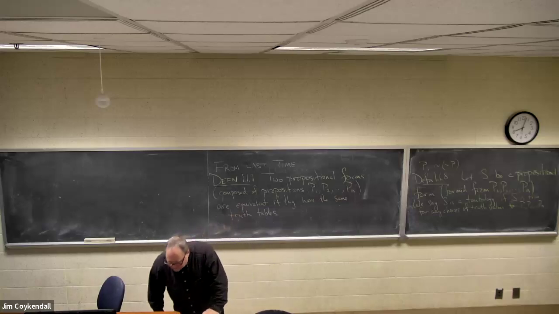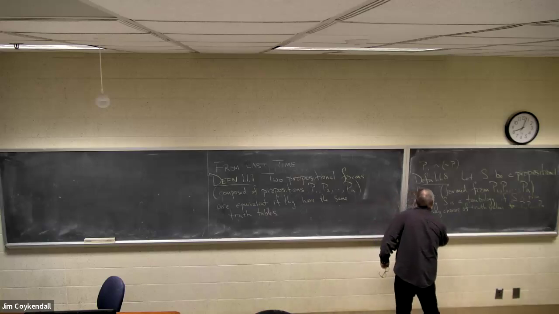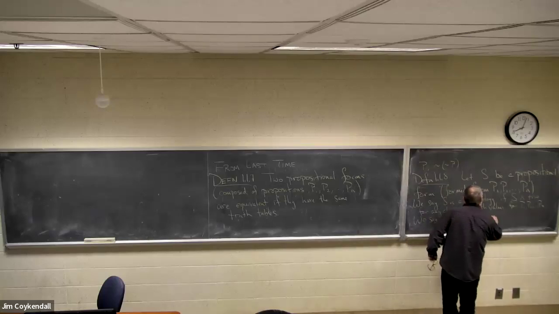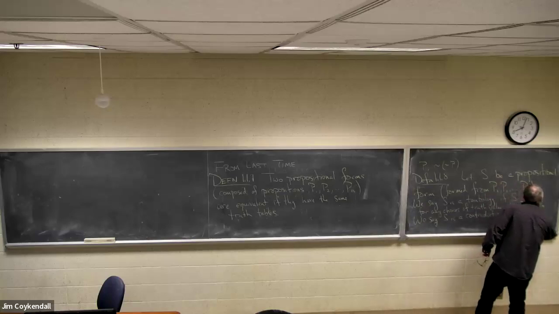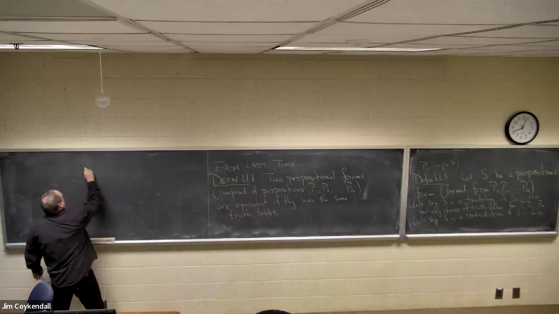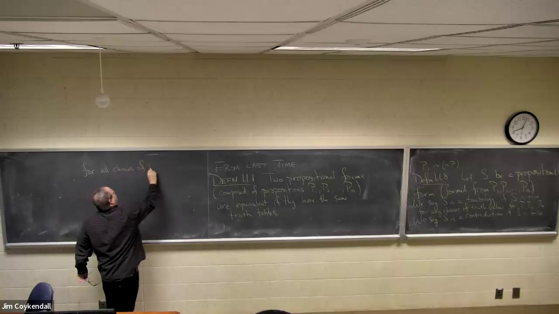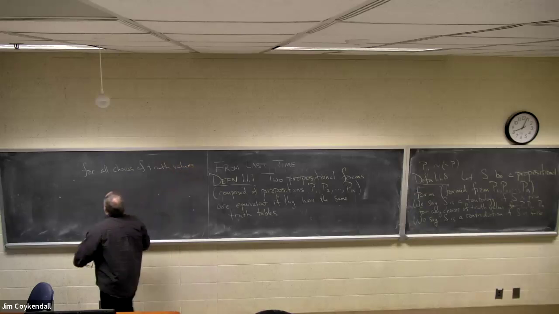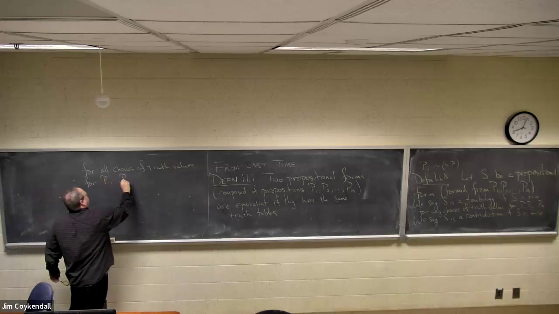And on the other hand, we say it is a contradiction if S is false for all choices of truth values.